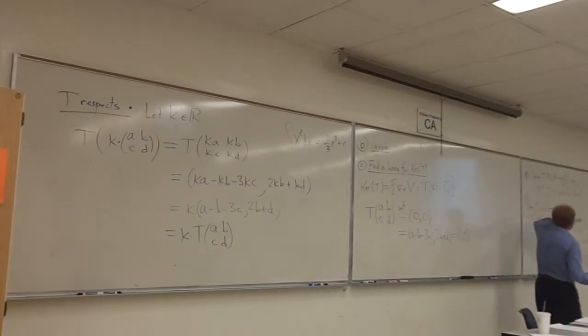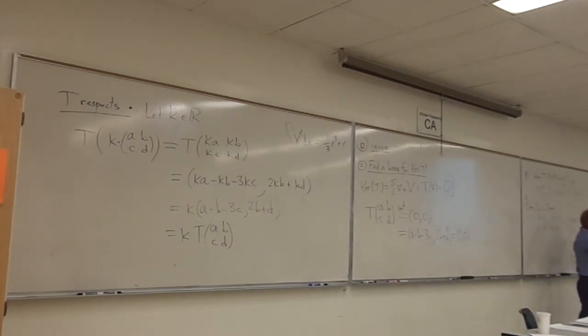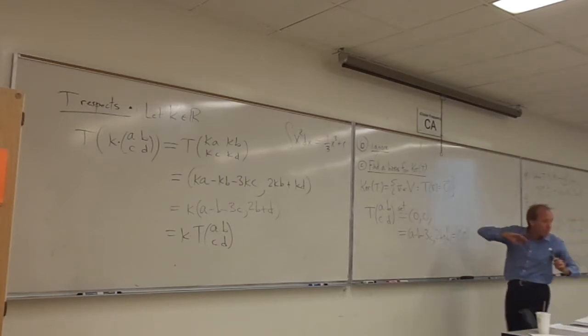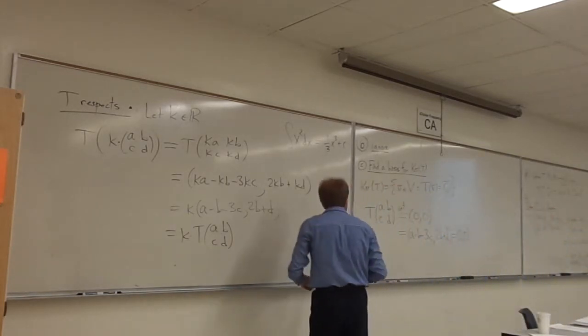Please, folks, keep your V and your W clearly in mind. This is so important because when I'm talking about the kernel, I'm talking about vectors in V. And when I'm talking about the range, which we're going to do in a minute, I'm talking about vectors that are in W. So the V and the W are playing a key role here.